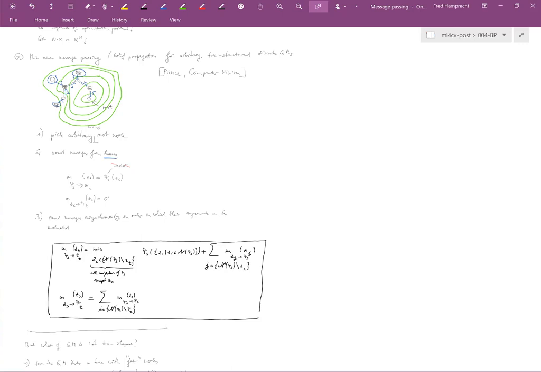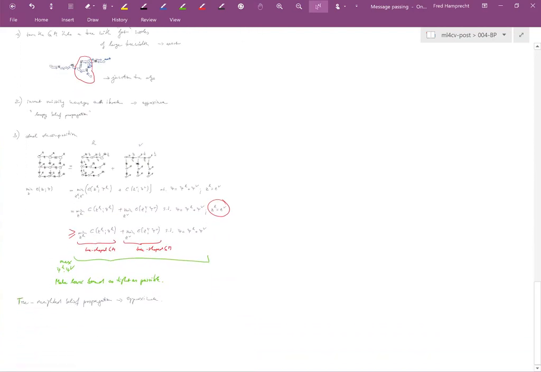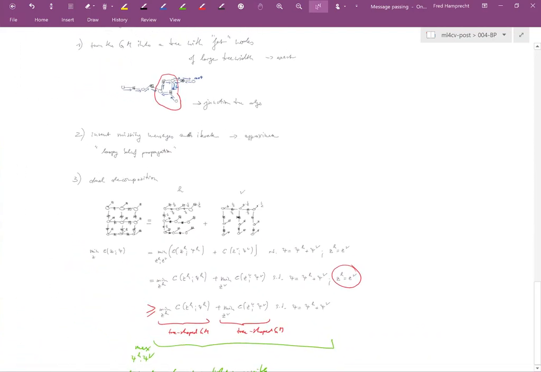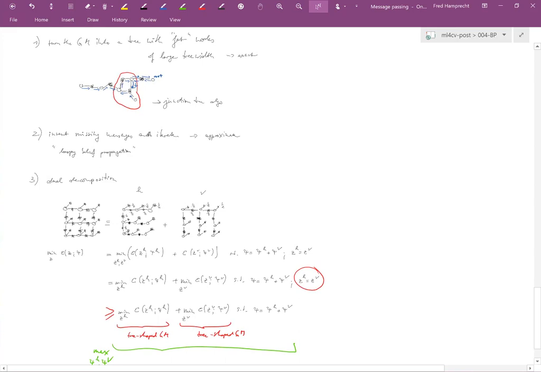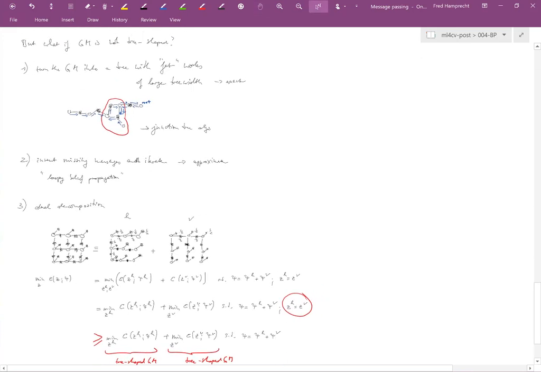This is very cool, and one of the most efficient algorithms that we have in computer vision. And this is why it's used as a subroutine even in models which are not tree-shaped, either in terms of the junction tree algorithm, or in terms of loopy belief propagation, or in terms of dual decomposition.